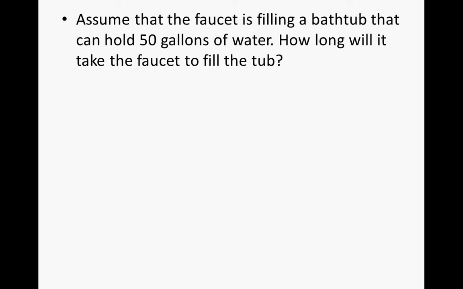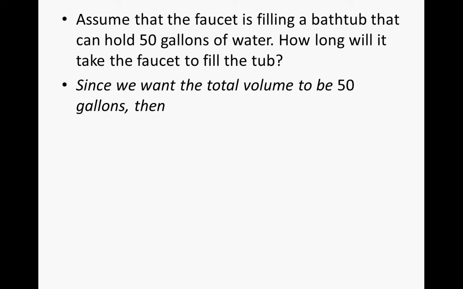Assume that the faucet is filling a bathtub that can hold 50 gallons of water. How long will it take the faucet to fill the tub? Since we want the total volume to be 50 gallons, then 50 is equal to 3.5 times x.